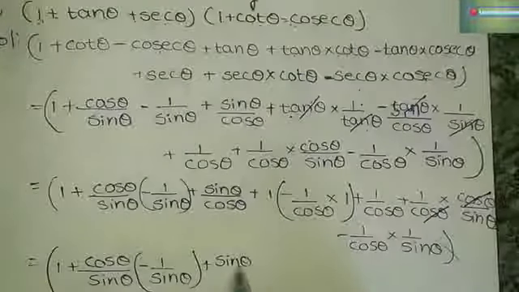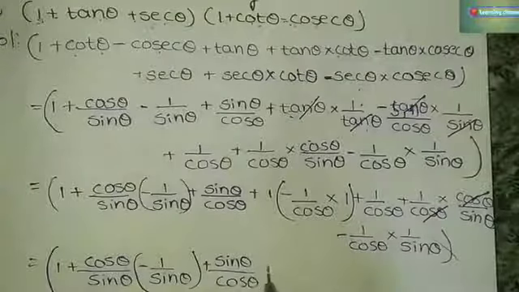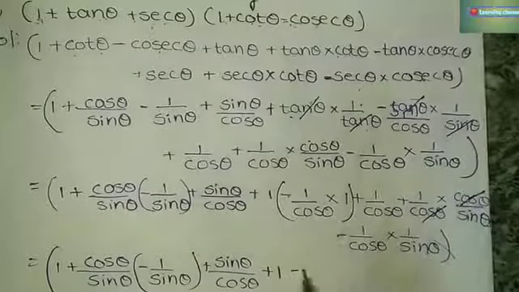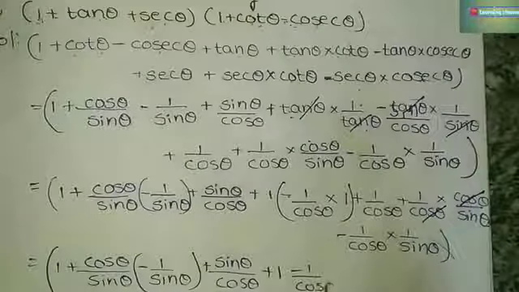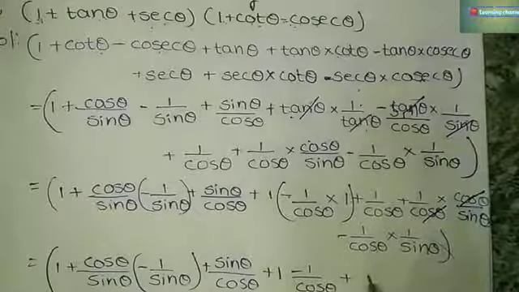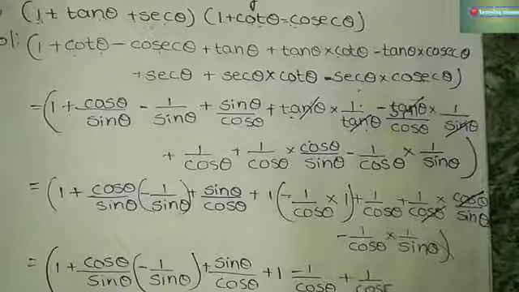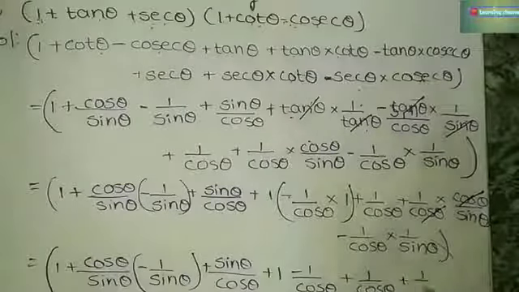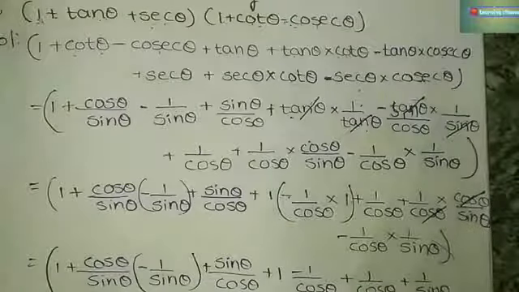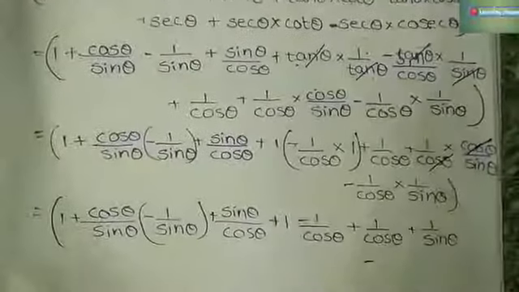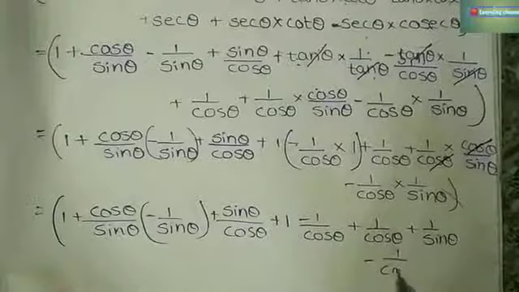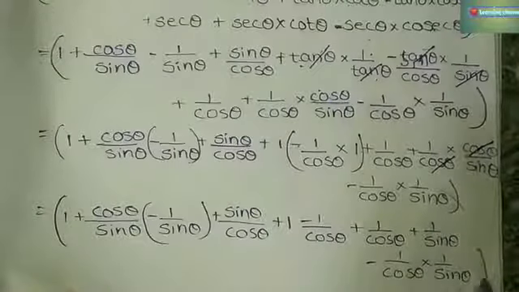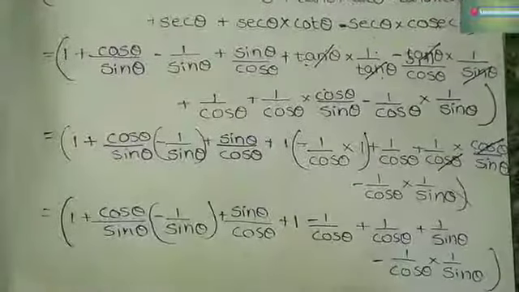Sin theta plus cos theta whole square plus sin theta minus cos theta whole square. Now we have to expand these two terms. Sin square theta plus cos square theta plus 2 into a and b are cos theta and sin theta. And also this one, sin square theta plus cos square theta minus 2 sin theta cos theta.